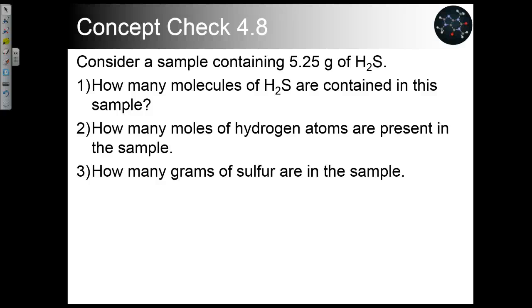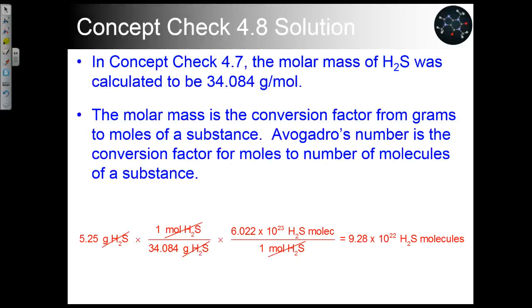The whole looking for mass. 2, 5. Whoops.